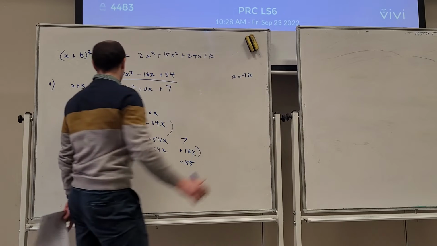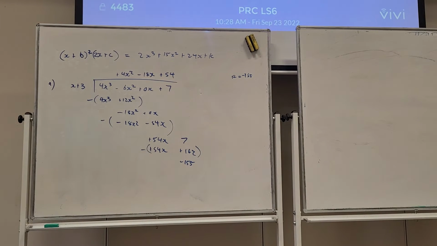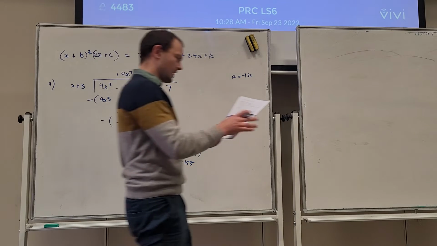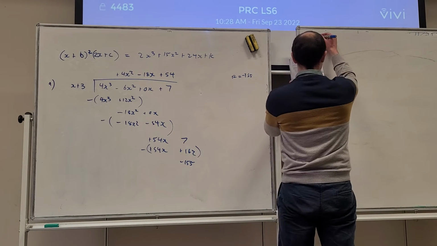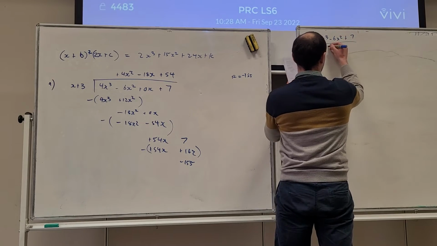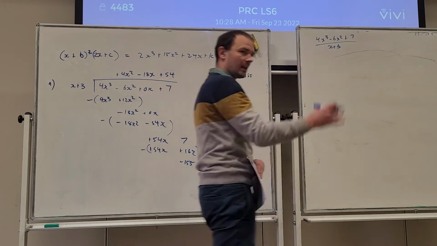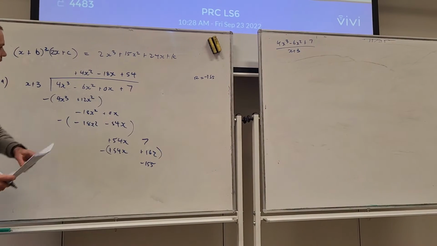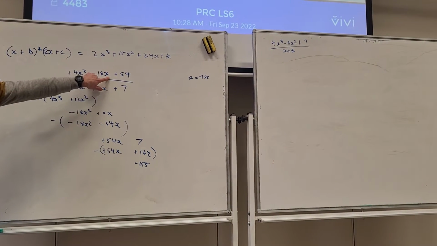Alright, so we've performed this process, but let's look at the ways we can represent it, right? So the question said, what's the polynomial 4x to the 3 take 6x squared plus 7 divided by x plus 3? And we've gone ahead and solved that, and this is the quotient.